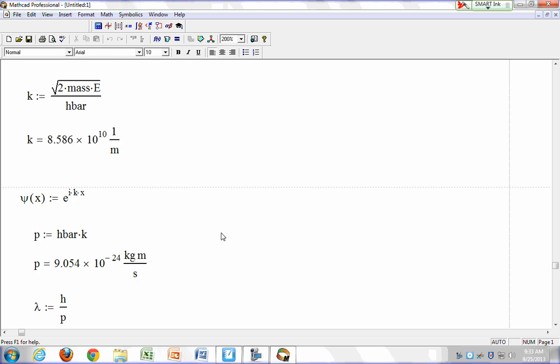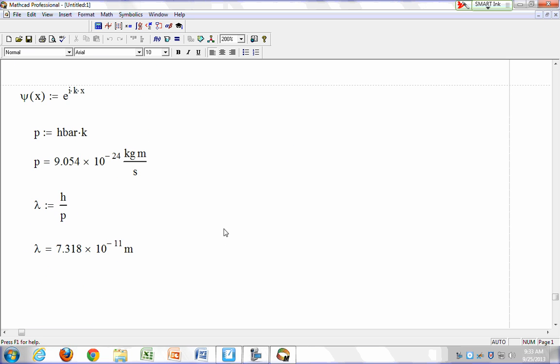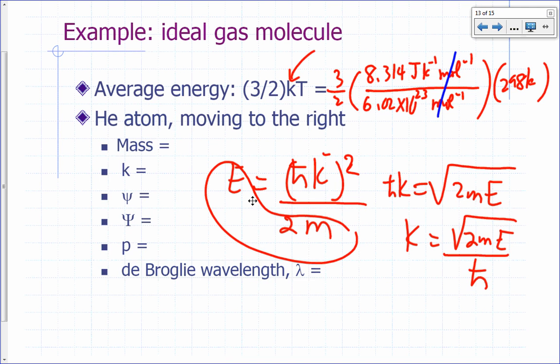So now let's plot our psi. What would our psi look like? Psi is e to the ikx because it's moving to the right.